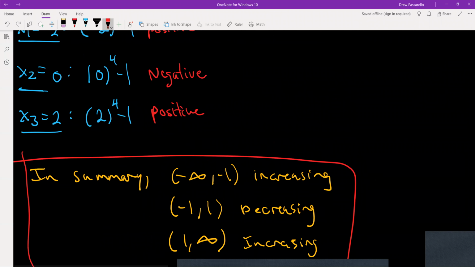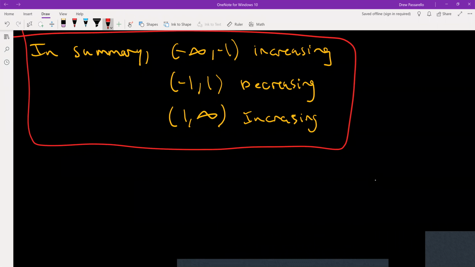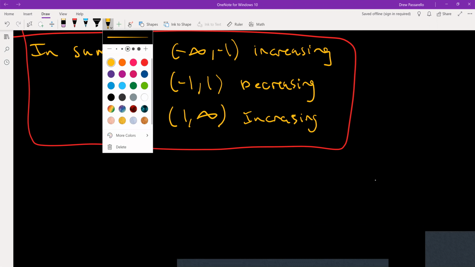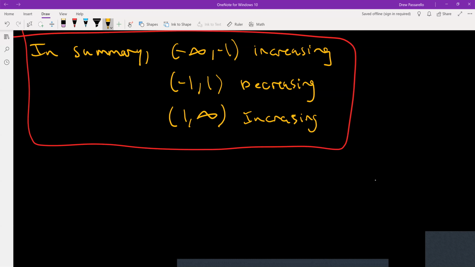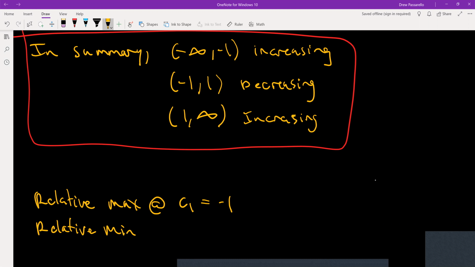Okay, so relative max at the critical number -1, relative min at the other one, so that's +1.